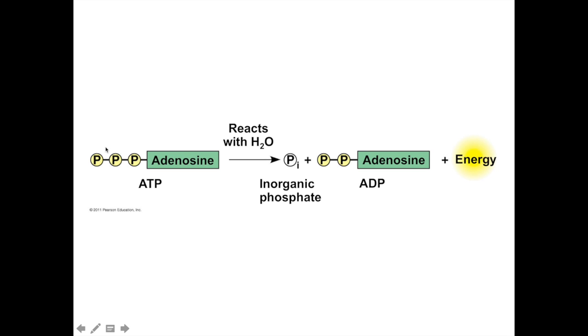So ATP, in the presence of water, that third phosphate group will come off and maybe attach to another molecule. And you end up with ADP, which is adenosine diphosphate, because it's just 2 phosphates, and a release of, poof, energy. So stuff gets done.